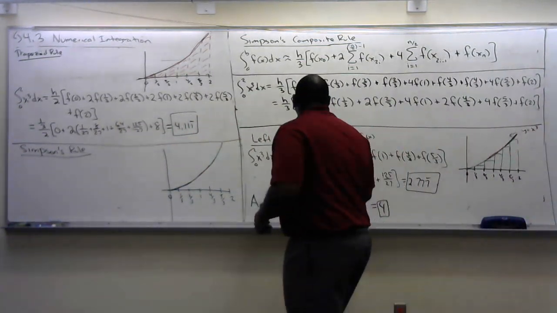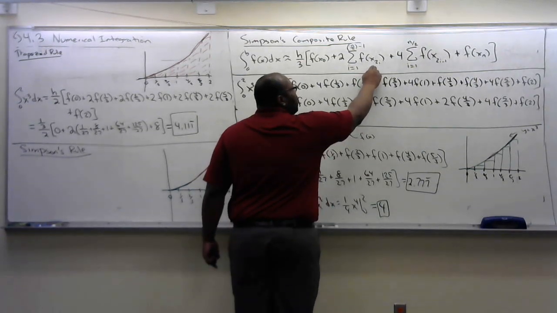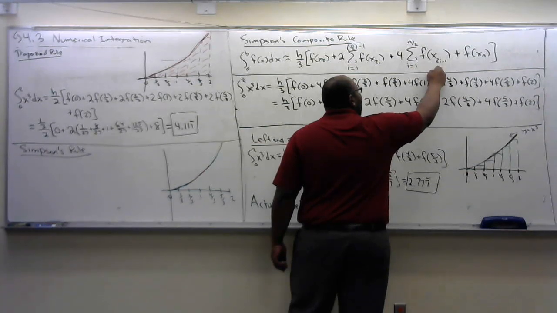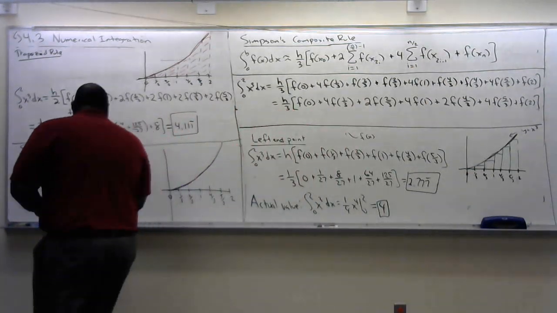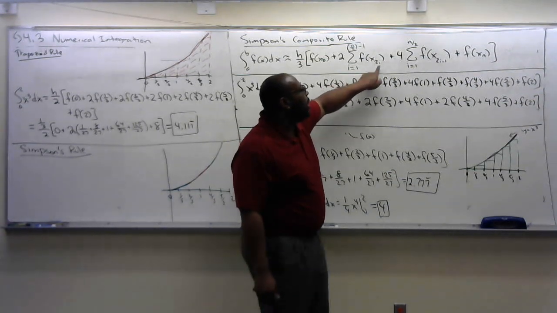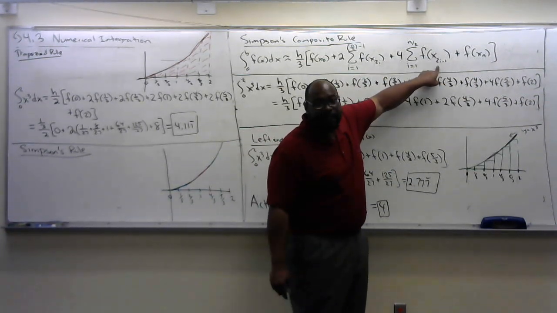If we were to think about it, these are going to be my even x terms, and these are going to be my odd x terms. I should say my even interior x terms, and these are going to be my odd interior x terms.